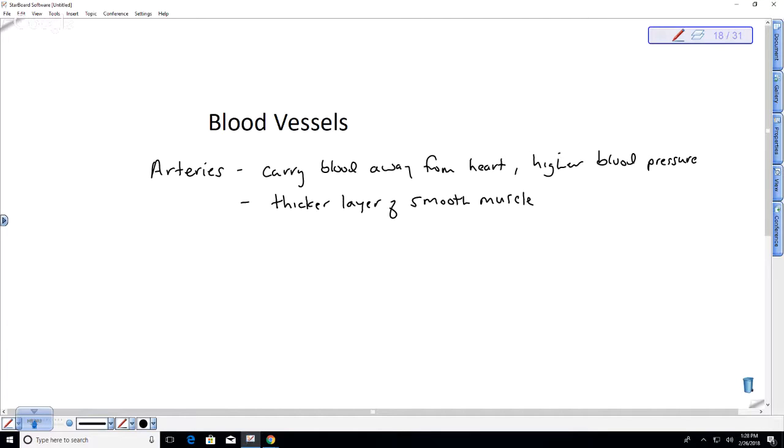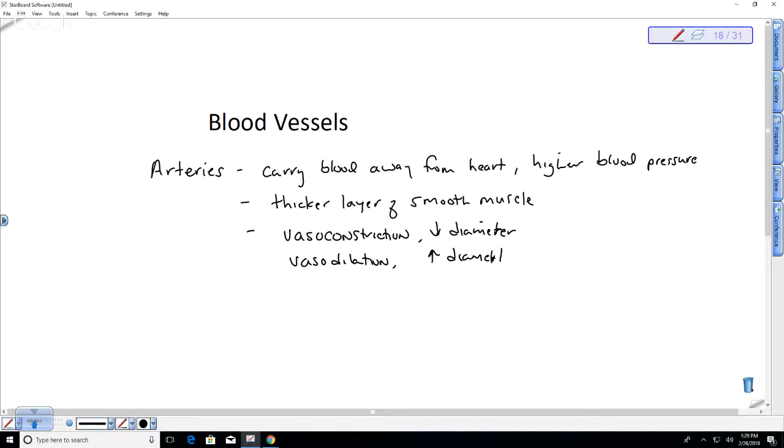So the smooth muscle is capable of shunting blood toward or away from a particular part of the body. This is due to vasoconstriction, where we get a decrease in the diameter of the blood vessel, and vasodilation, where we get an increase in the diameter.